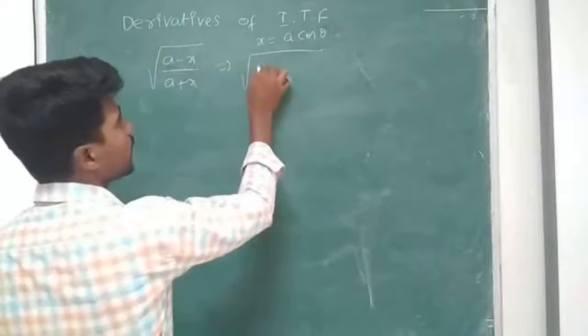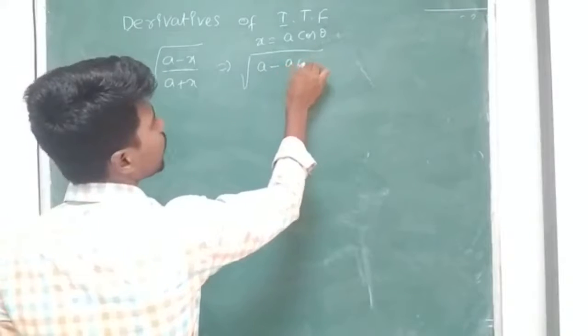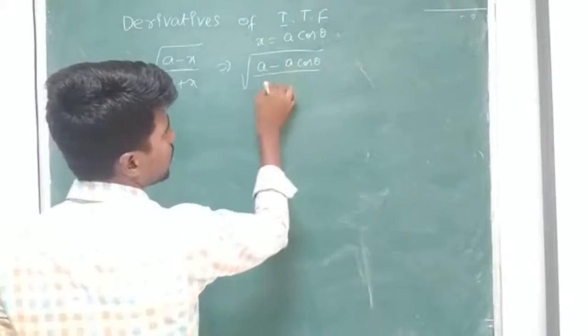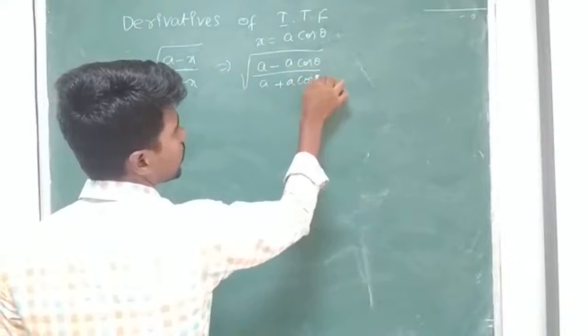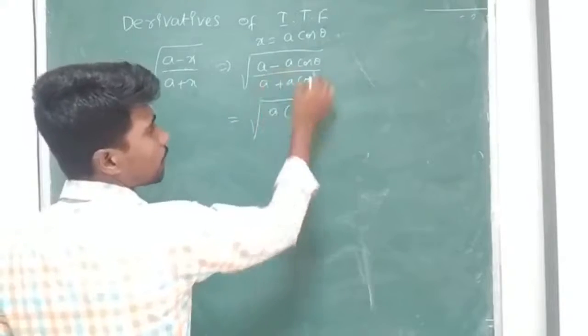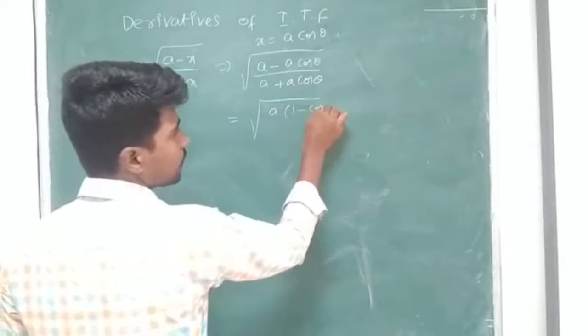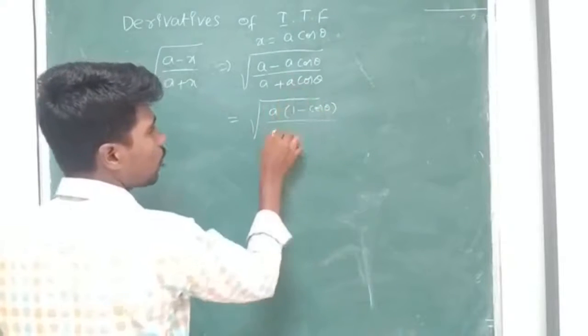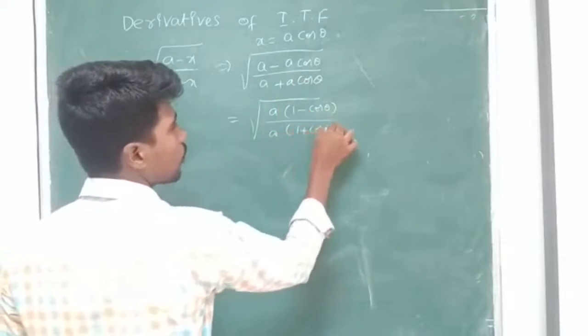Root of a minus a cos theta by a plus a cos theta. Root of, I take a common, 1 minus cos theta by again a common, 1 plus cos theta.